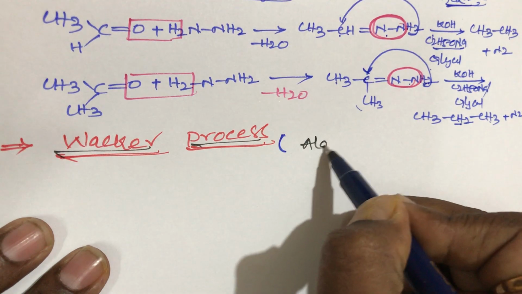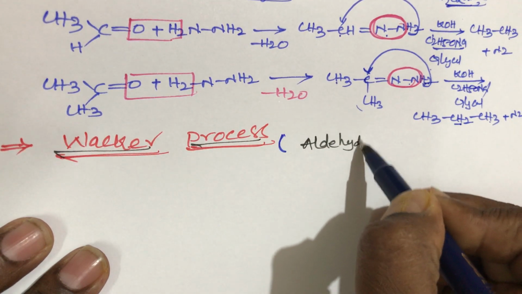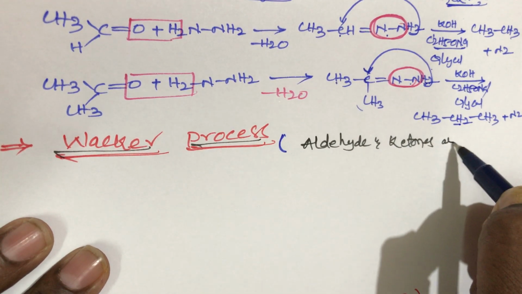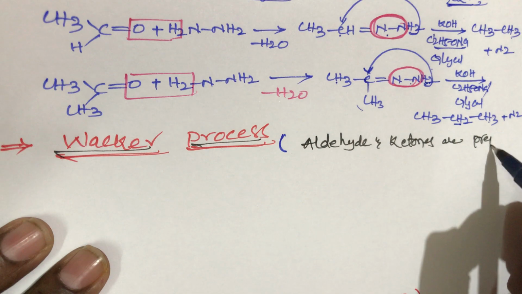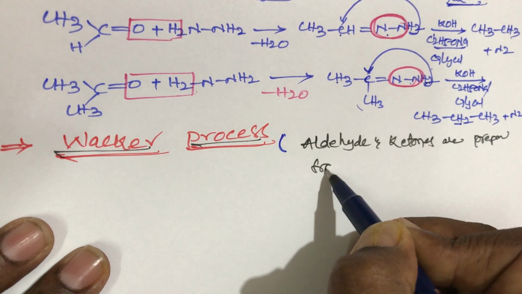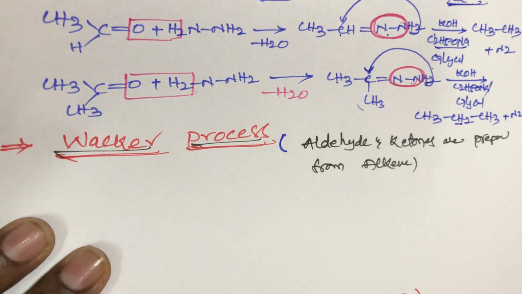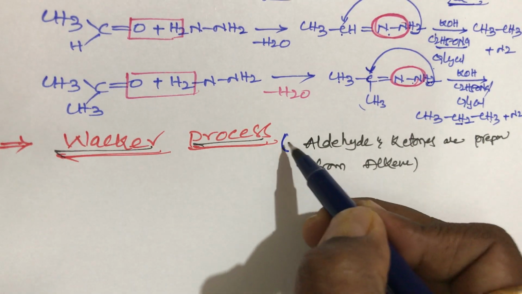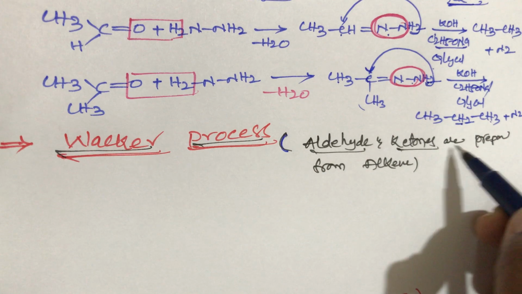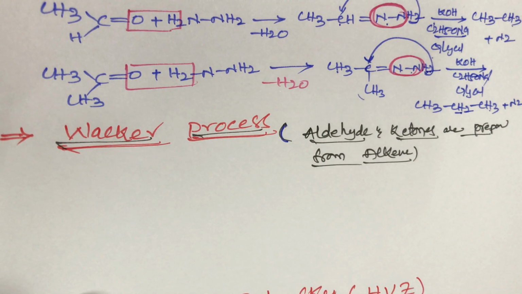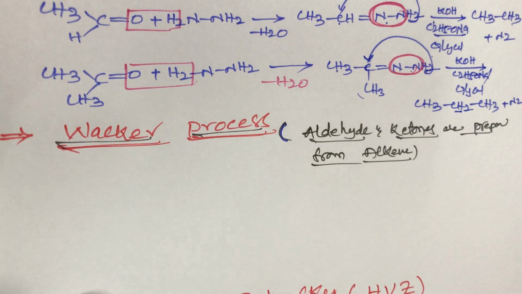Both aldehydes and ketones are prepared from alkenes by the Wacker process.